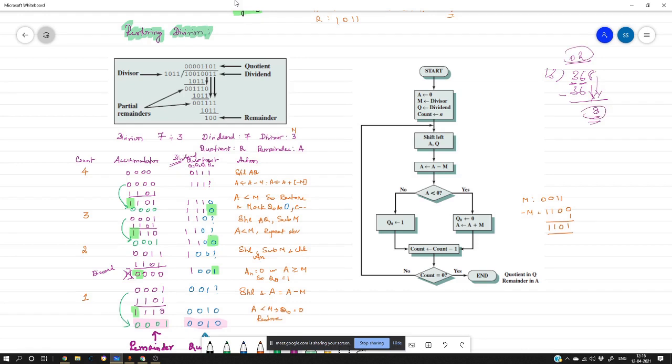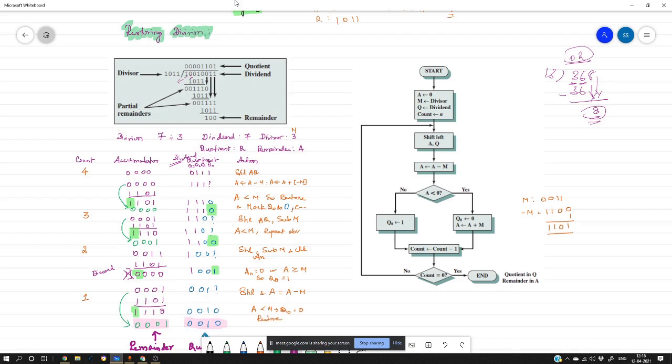The same thing is followed here. You take the first bit, which is 1, and its length is much less than the divisor, so obviously it is not going to divide, so you mark 0. Then you left shift the dividend, that is, you move on to process the next bit from the MSB. You leave this 1, shift left, and take this number. This 10 is compared with the value 1001.